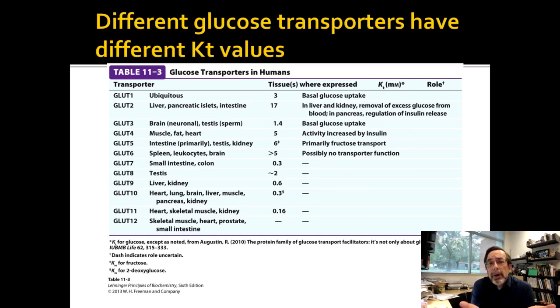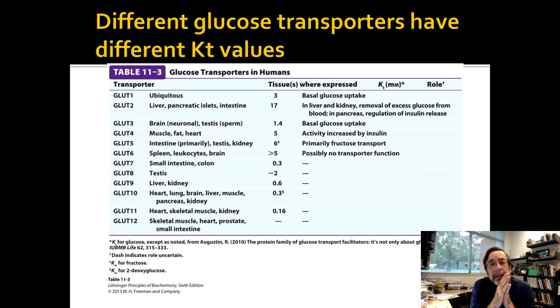So different glucose transporters, for example, have different Kt values, and you can think about why a glucose transporter in this type of cell would need to bind glucose more effectively. Kt is essentially binding the glucose. Remember, we have to put a little asterisk on that, but the same kind of asterisk goes on this as goes on Km.